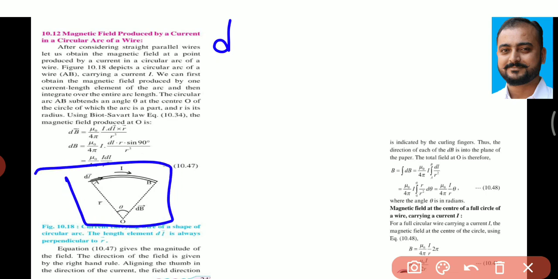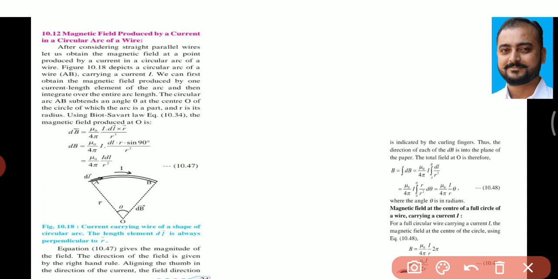Consider an arc AB, which is part of a circle having radius r and center O. The current flowing through the given arc is I. For finding the magnetic field at the center point O of the arc, let us use the Biot-Savart Law.